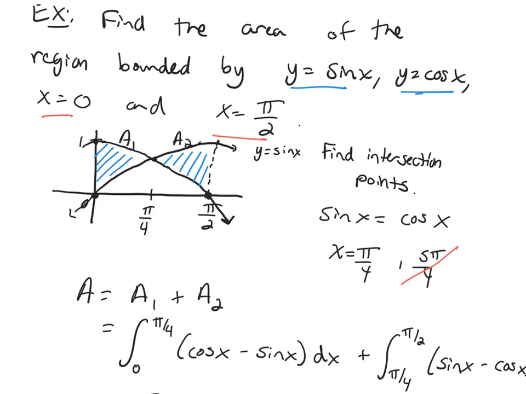If I fold in half at my intersection point and line them on top of each other, they would be identical. So what you could have done is just find the area of one of these regions and then doubled it.